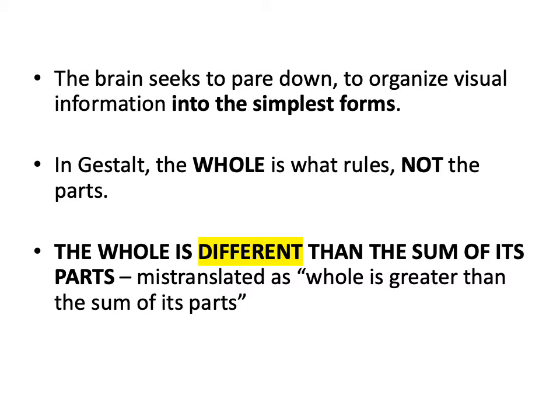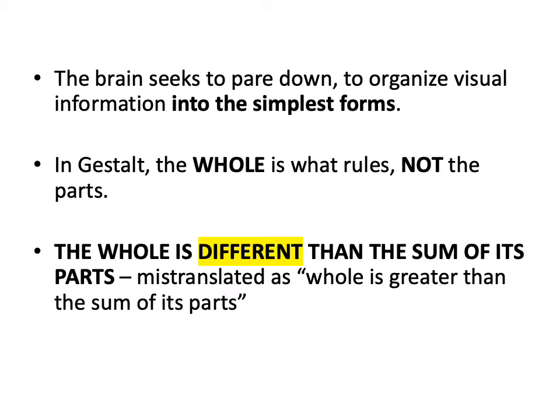So in Gestalt, the whole is what is so important and not first the parts. The essence of it is often mistranslated. You've heard this phrase before, the whole is greater than the sum of its parts.